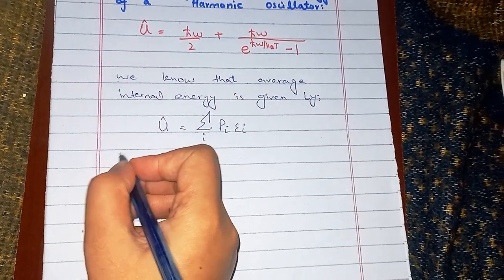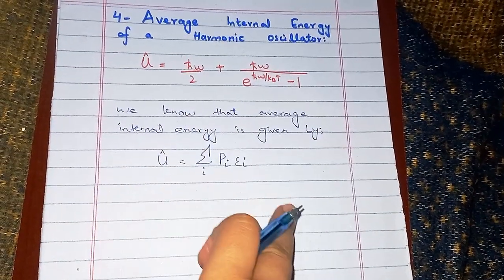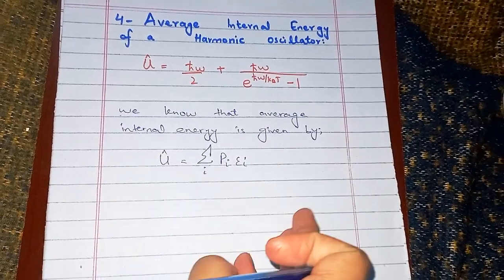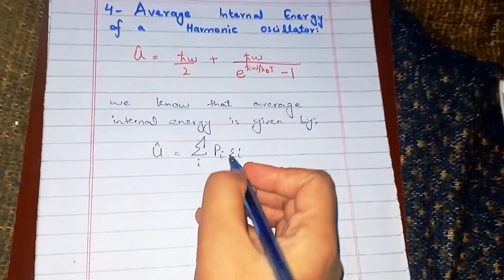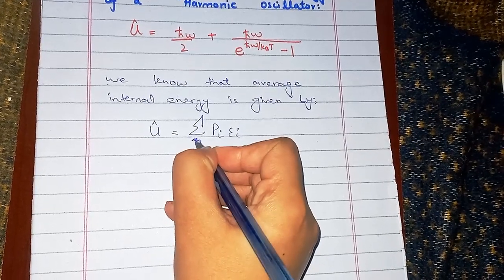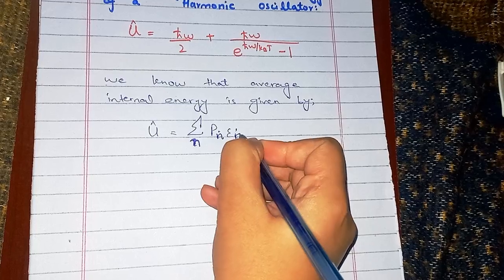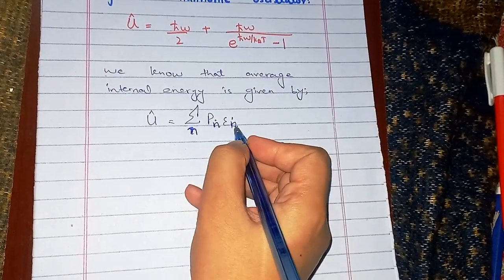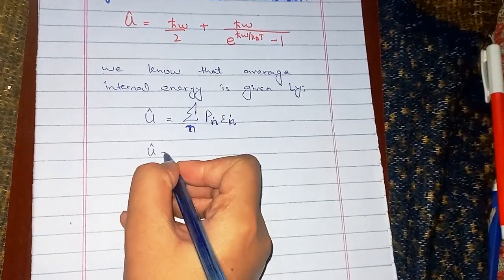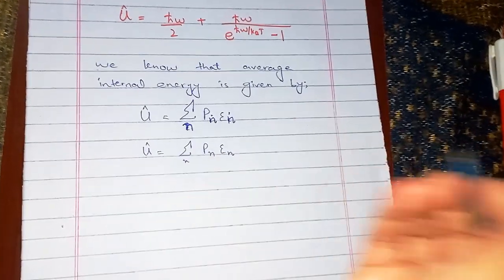In a harmonic oscillator the energies are given in terms of the quantum number n, so we'll replace i with n, because in a harmonic oscillator we differentiate different states with n numbers.